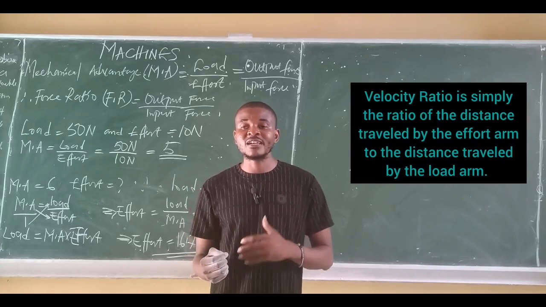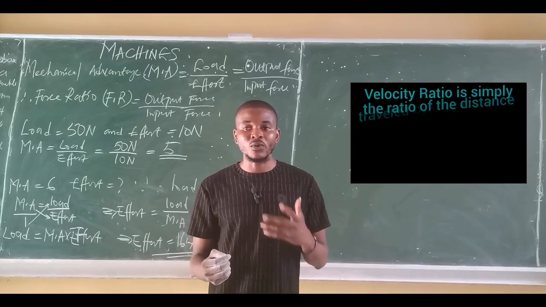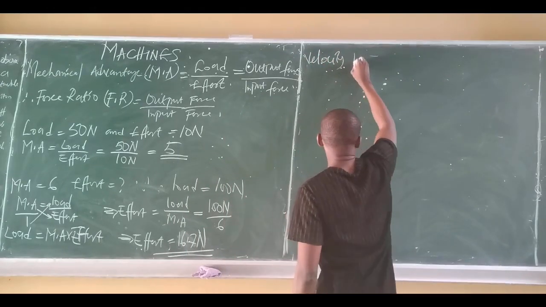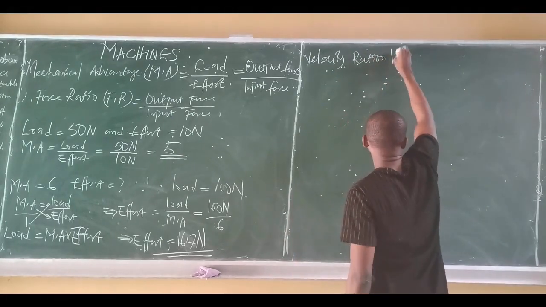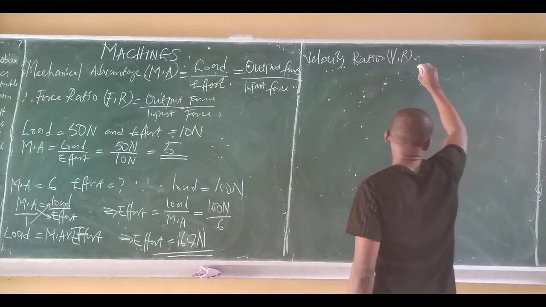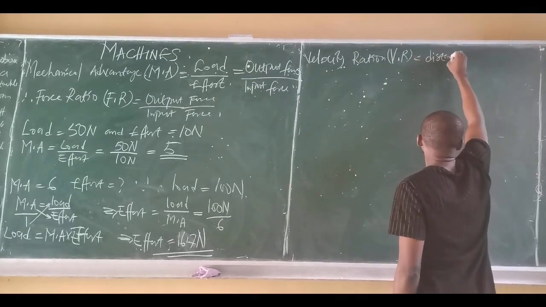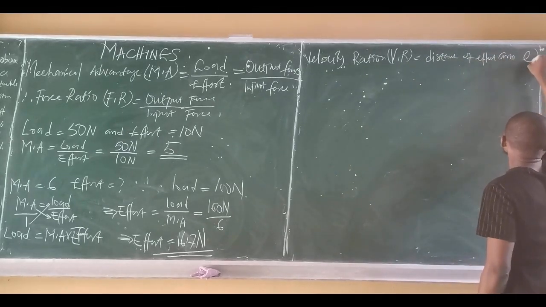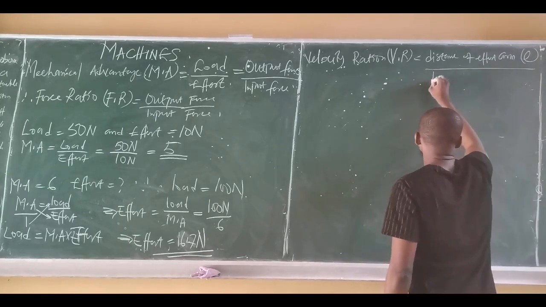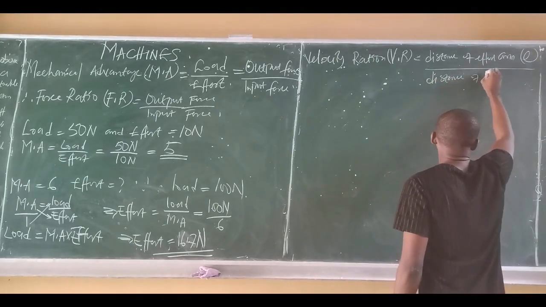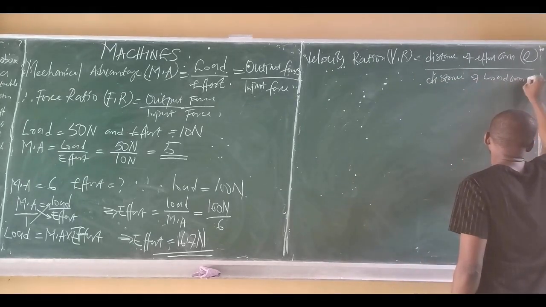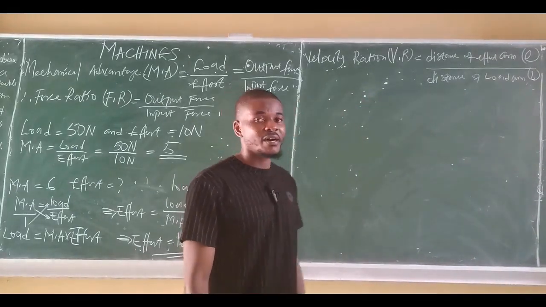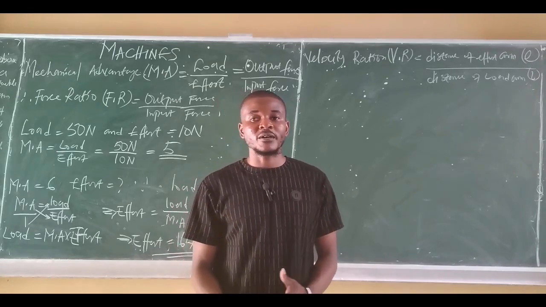So mathematically, velocity ratio, which is V.R., is now equal to distance of effort arm, simply E, divided by distance of load arm, which is L. So the distance traveled by the effort arm divided by the distance traveled by the load arm. So that gives us the velocity ratio.